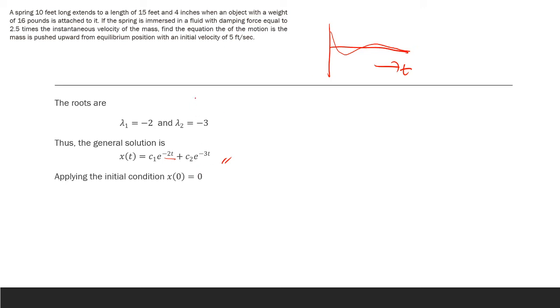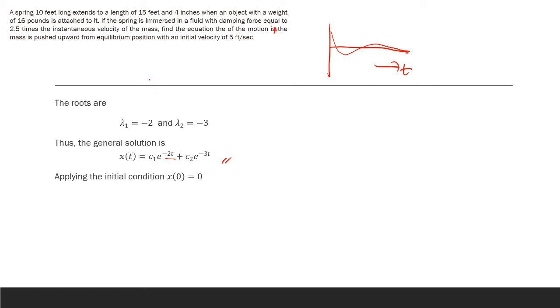Now, applying the initial condition, what does it say here? Okay. Find the equation of the motion if the mass is pushed upward from equilibrium position. So, this means your system started at time t equal to 0 and your mass is at the equilibrium position.